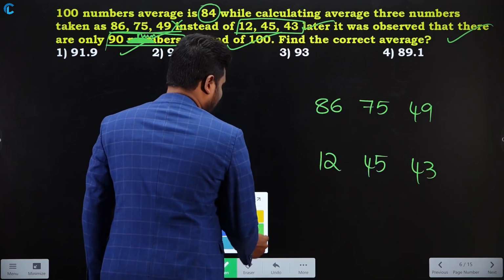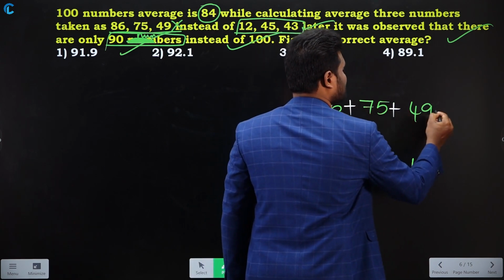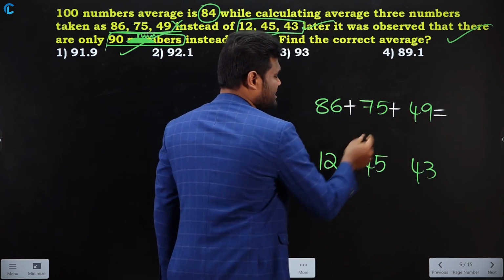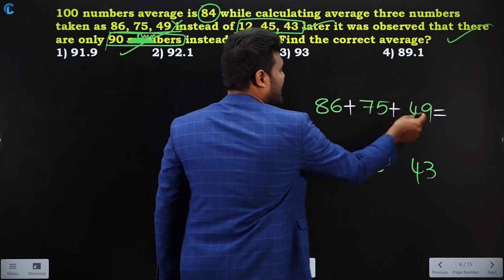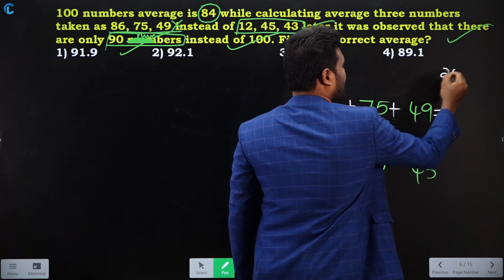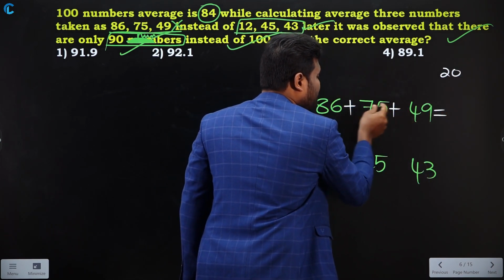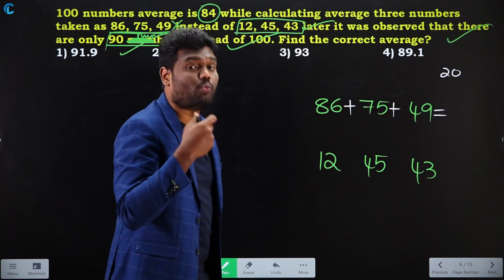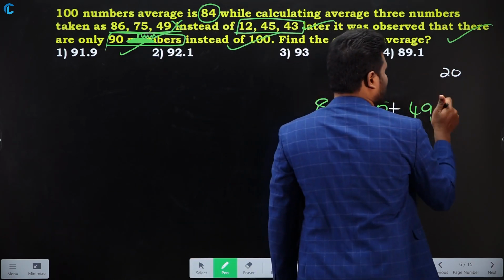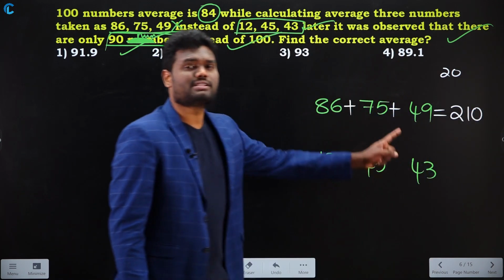Add 86 plus 75 plus 49. When you add these numbers, 9 plus 6 is 15. 15 plus 5 is nothing but 20. Similarly, 8 plus 4 is nothing but 12. 12 plus 7 is nothing but 19, which is 190. 190 plus 20 is nothing but 210. So the sum is nothing but 210.